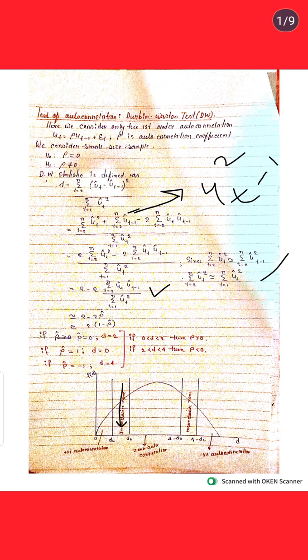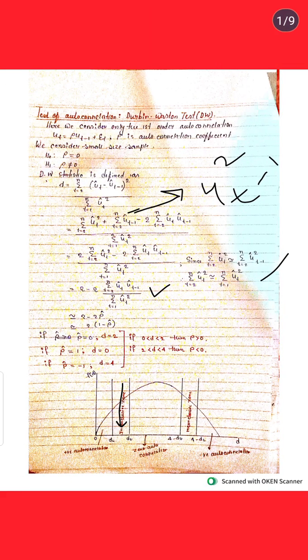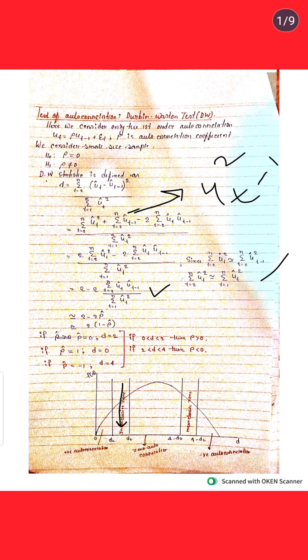And if d star is in between 4 minus d_U and 4 minus d_L, in this zone the result is inconclusive.